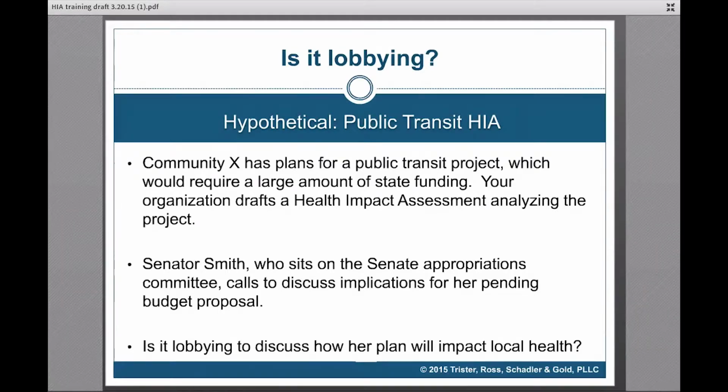Because when you testify, you're having a direct communication with legislators about specific legislation. And if you're talking about how it will impact local health, then that testimony is going to reflect a view on the legislation.